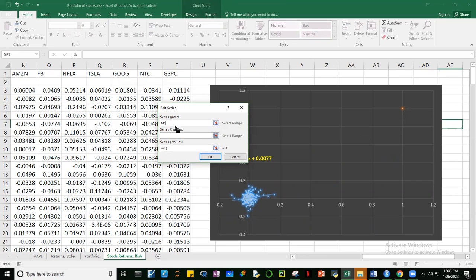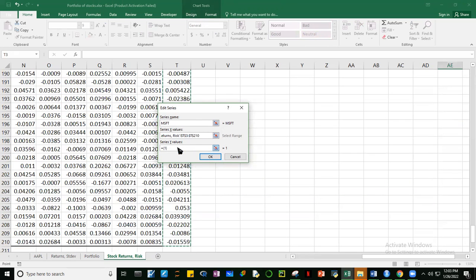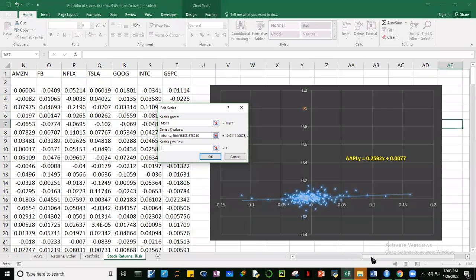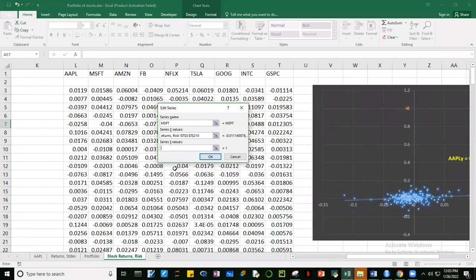How about Microsoft? Ano yung X natin? Once again, yung GSPC yung X. And then si Y natin will be Microsoft, no? Microsoft.